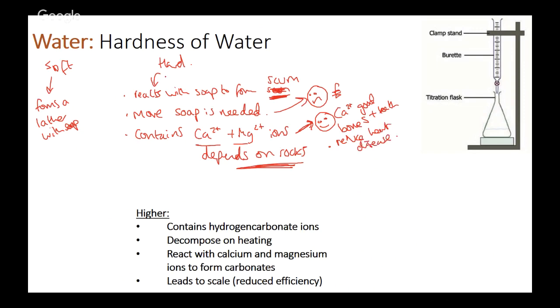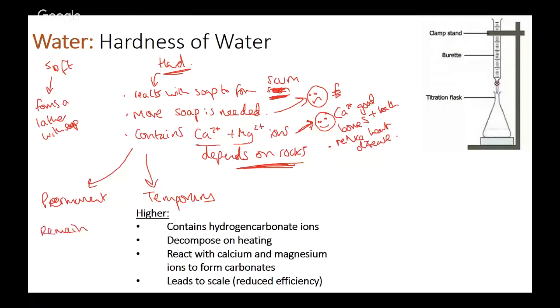There's two different types of hard water. There's permanent hard water, and there's also temporary hard water. With permanent hard water, it will remain hard even when you boil the water.